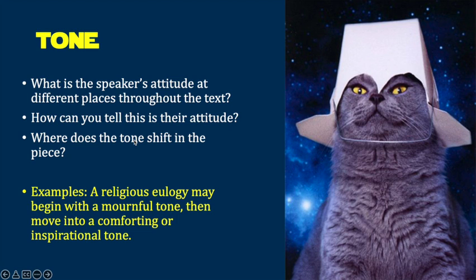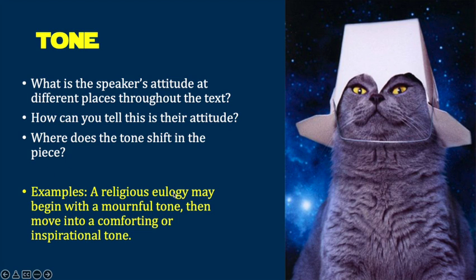Where does the tone shift in the piece, if it does? So tone, those are words that have to do with feelings. A tone could be positive, negative, or neutral. Is it happy? Is it serious? Is it lighthearted? Is it furious? Is it wrathful? Is it playful? Right, so tone.